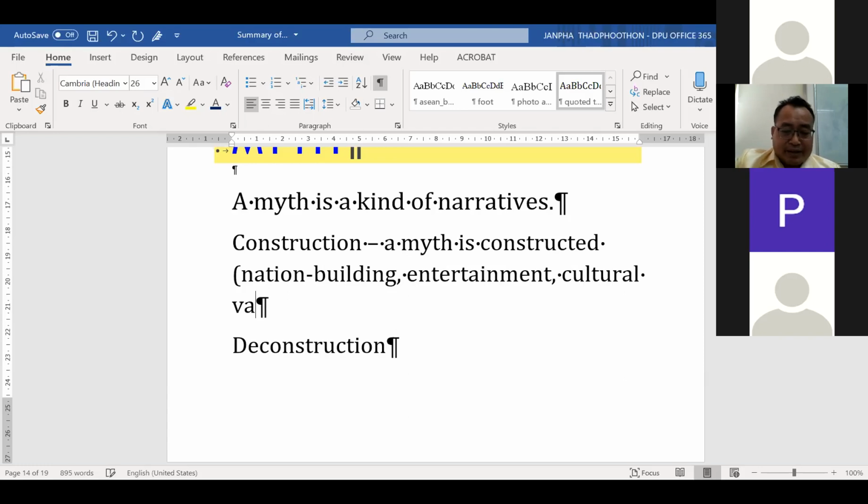You can think about other things. So in semiotics, when we talk about a myth, we talk about a belief system, a story, a narrative, if you want to put it.